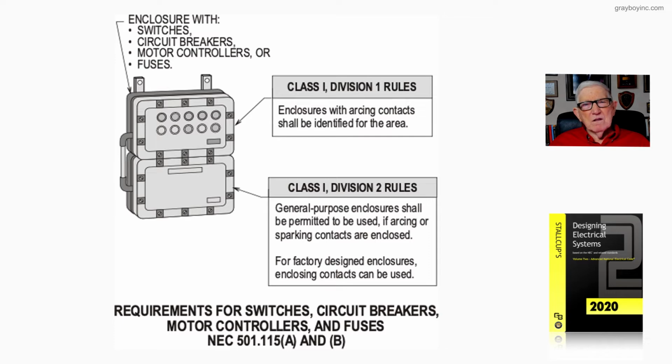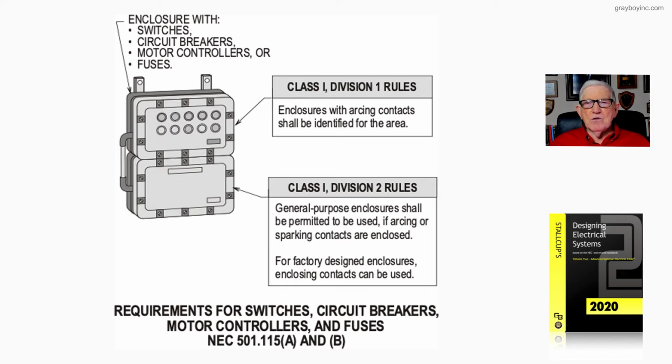Now notice to the left at the very top of the enclosure, it lists enclosures with switches, circuit breakers, motor controllers, or fuses. Any type of device that could create an arc or a spark during operation or under any type of condition. And of course, it's Class 1 Division 1 rules.